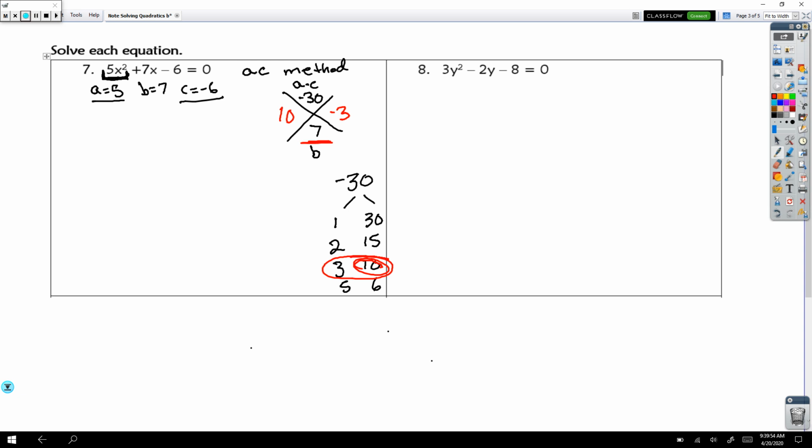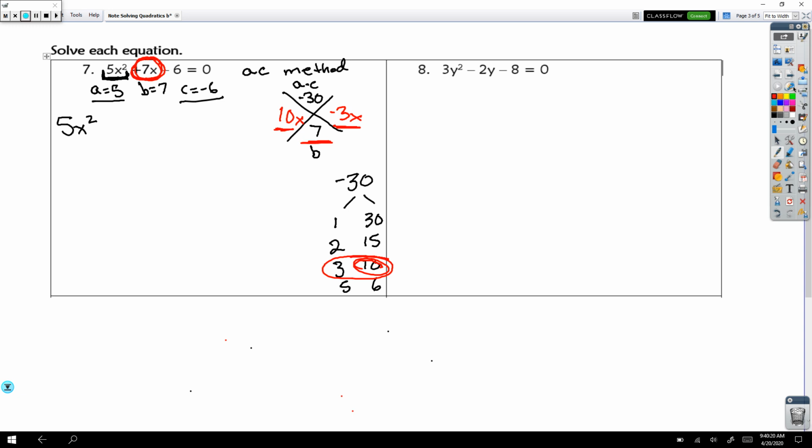Now, with AC method, which differs from big X, I'm going to take my two factors that I found, slap some x's on them, and then replace the middle term with the two numbers that I just found, the 10x minus 3x. So I'm going to try and color coordinate this for you a little bit. I'm not messing with the 5x squared.